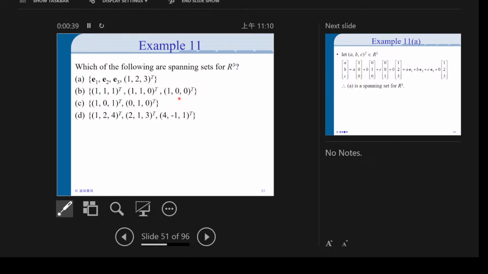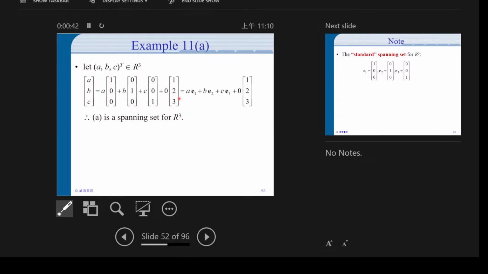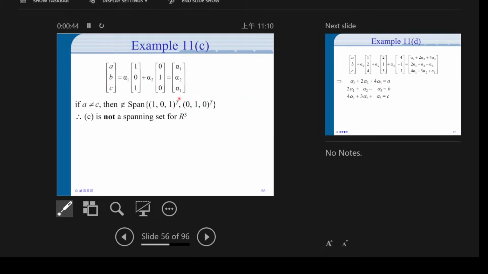Yeah, so that's correct. This is not a spanning set. If you try to write some ABC as alpha 1 times 1, 0, 1 plus alpha 2 times 0, 1, 0, then the linear combination has the first and third coordinates both equal to alpha 1, so they must be the same, but A and C can be arbitrary.